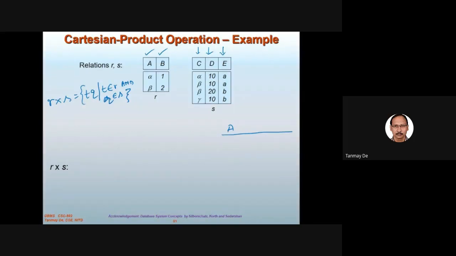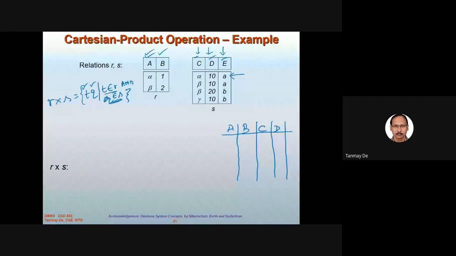The tuple comes from relation R. In relation R, what attributes are there? A and B. So A and B are present in the result, as well as tuple Q. Tuple Q comes from relation S. In tuple Q, each tuple has the attributes C, D, and E.